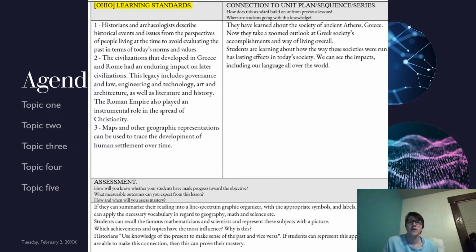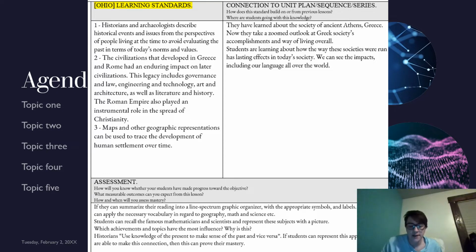So if they think math is the most important to today and to our society, then they would rank that 1. And then they'd go through astronomy and the 5 topics that I assigned them just for time reasons, and they'd go through and rank those.